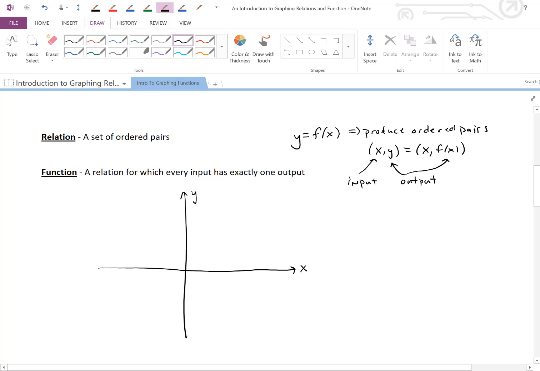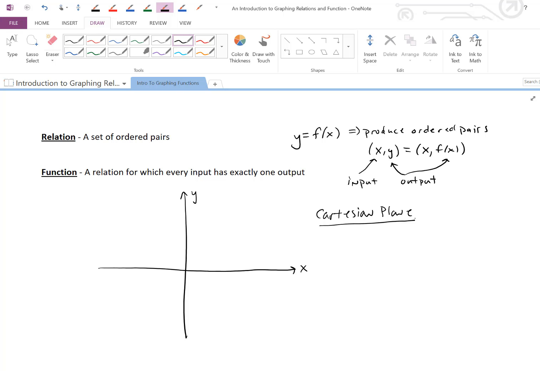This diagram right here is what's called the Cartesian plane, after the philosopher and mathematician Rene Descartes, who was one of the first to come up with this idea. This is the Cartesian plane, and we plot ordered pairs in this plane. How to do so?